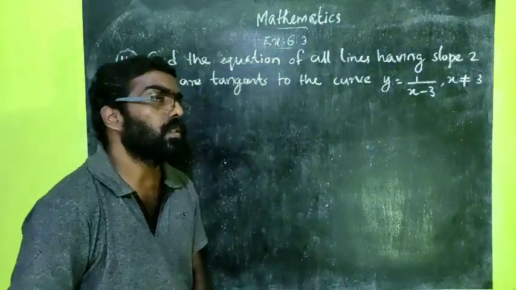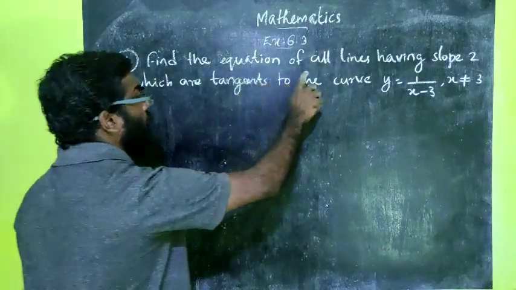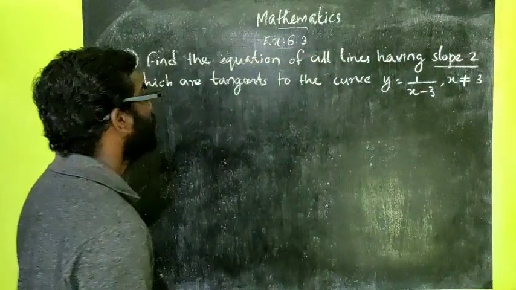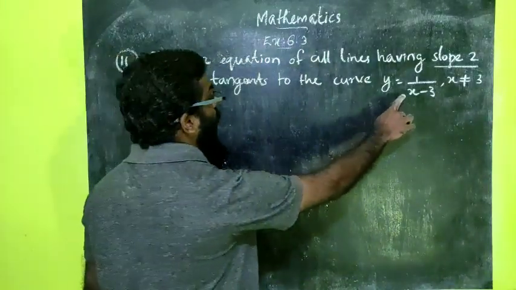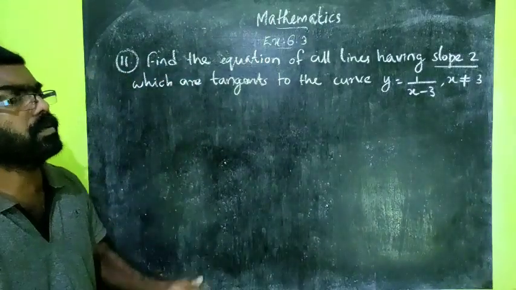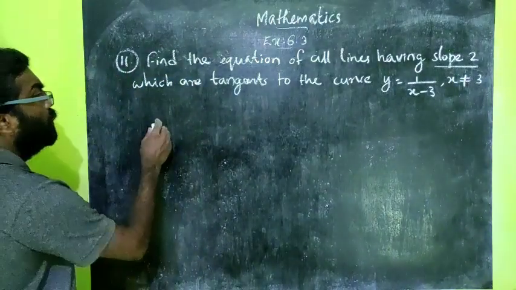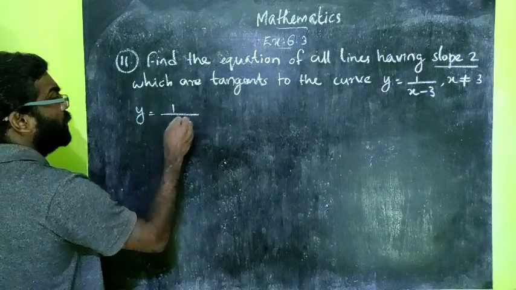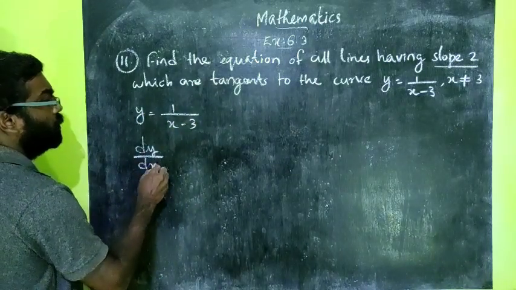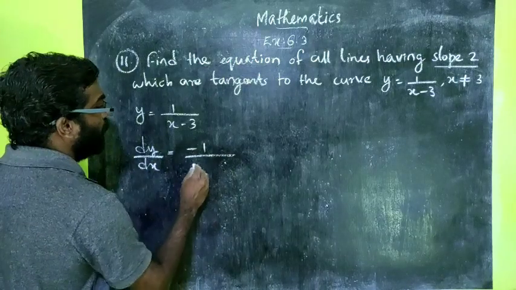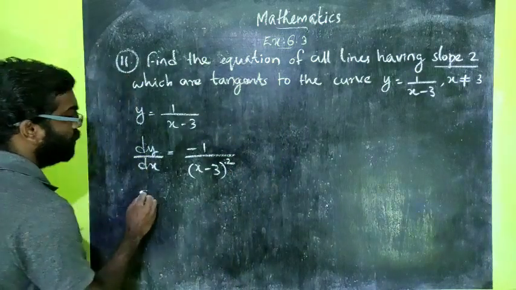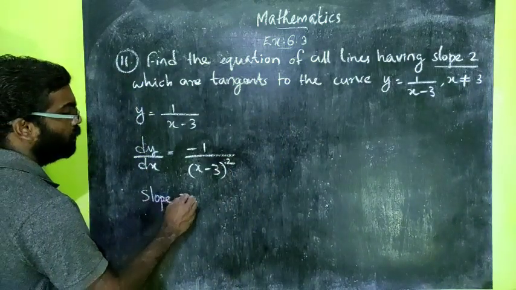Now we move on to the next question. Find the equation of all lines having slope 2 which are tangents to the curve y equal to 1 by x minus 3, where x is not equal to 3. So it's similar to the previous question. Listen, y is equal to 1 by x minus 3, so dy by dx is equal to minus 1 divided by x minus 3 the whole square, and it is given that the slope is equal to 2.